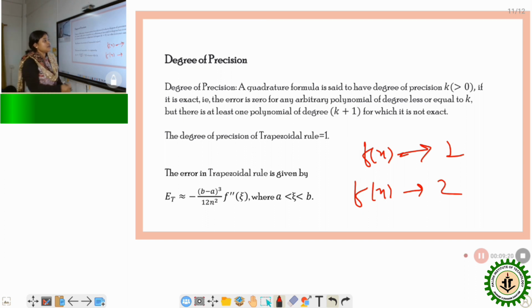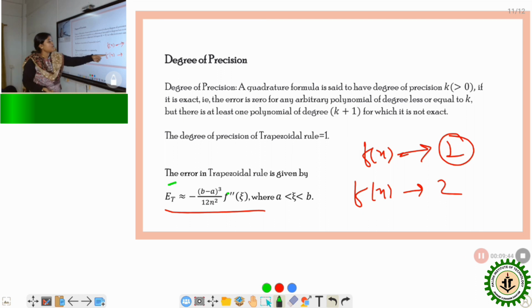That means 1 will be the degree of precision for the trapezoidal rule. Here, the error term is also written. The error term is approximately equal to this, and it includes the second derivative of f. So when we take a polynomial of degree 1, the second derivative will of course be 0, so the error term will be 0.